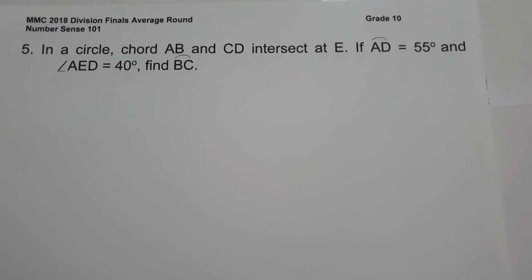On number 5, in a circle, chords AB and CD intersect at E. If arc AD equals 55 degrees and angle AED equals 40 degrees, find arc BC. So to find the measure of arc BC, let us illustrate the given circle.